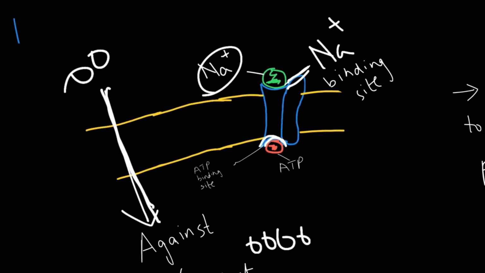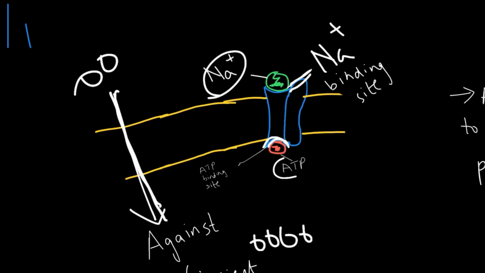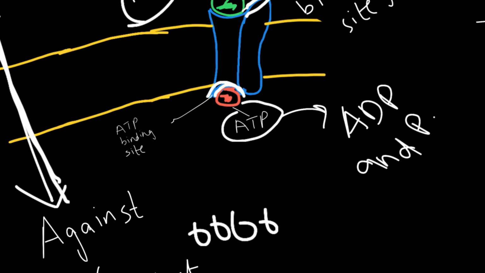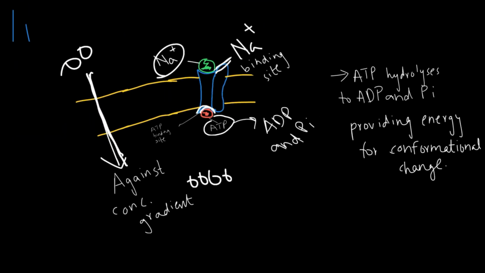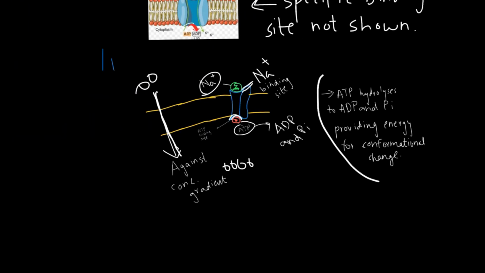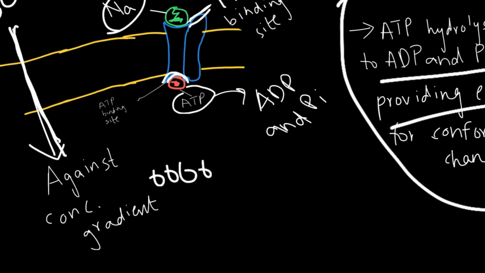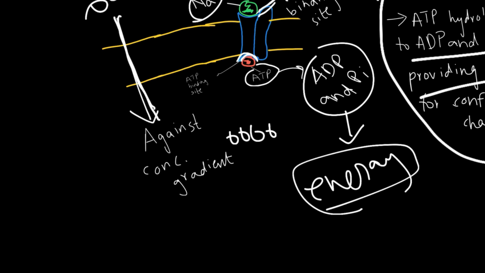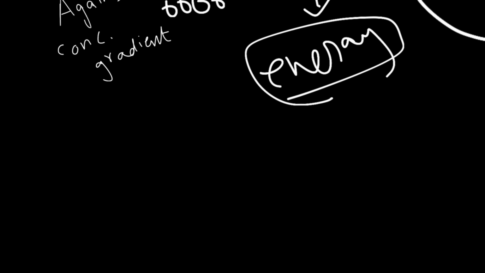So at this ATP binding site, an ATP molecule comes, it hydrolyzes into ADP and Pi. Pi is a phosphate molecule. We'll learn that later on. So as I've stated here, ATP hydrolyzes into ADP and Pi, providing energy. If anything is hydrolyzed, energy is given out, right? That energy is used for the conformational change to bring in molecules, right?